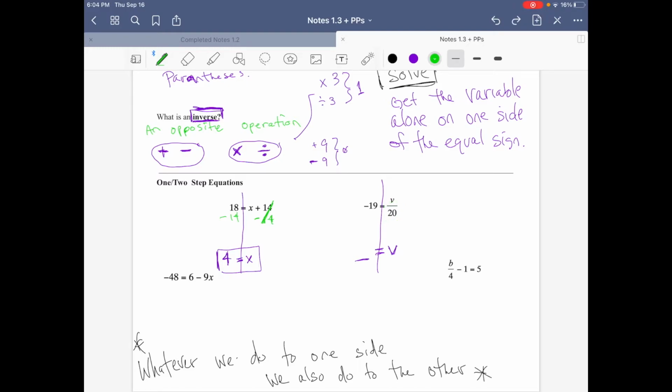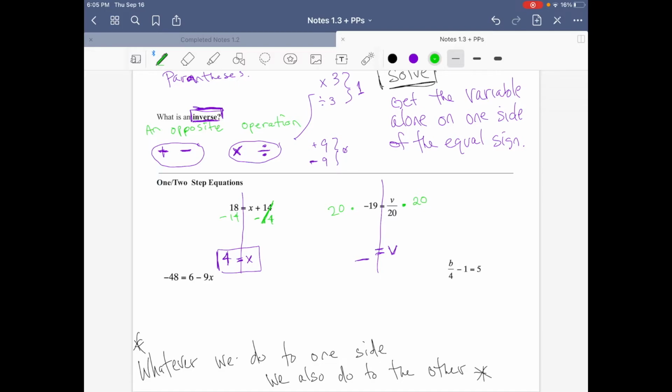So the opposite of dividing by 20 is going to be to multiply by 20. And what I do to one side, I have to do to the other. So if I multiply one side by 20, I've got to multiply the other side by 20 as well.